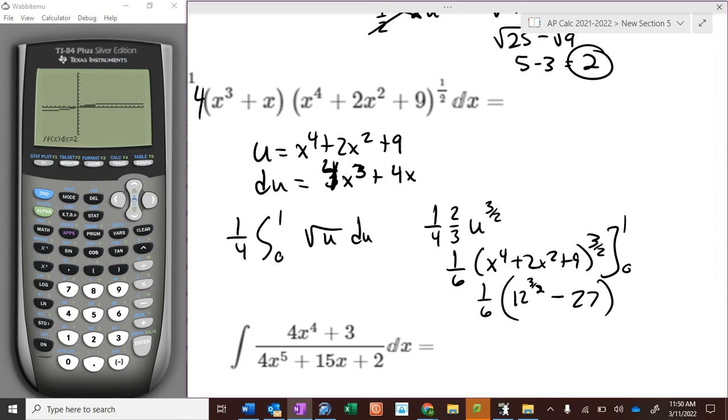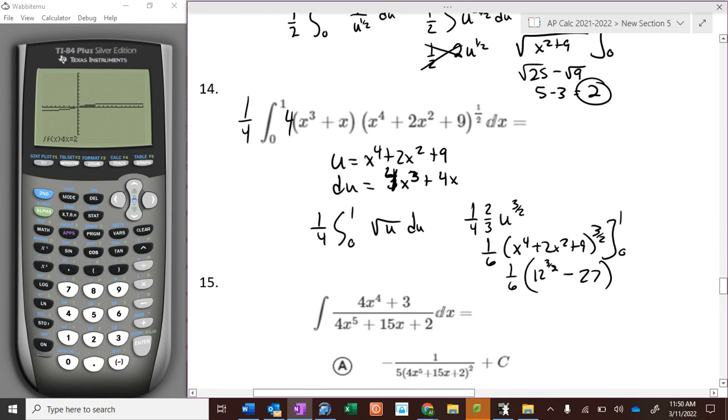Everybody over there. And I don't know what the multiple choice answer would look like, but it's something to this effect. 2.4, which would probably be about right.